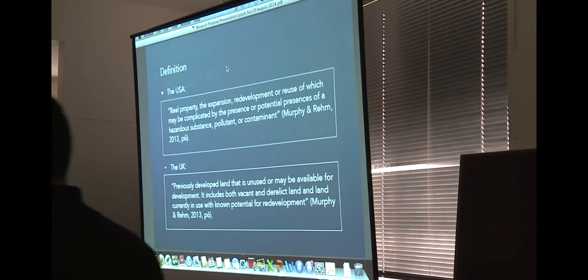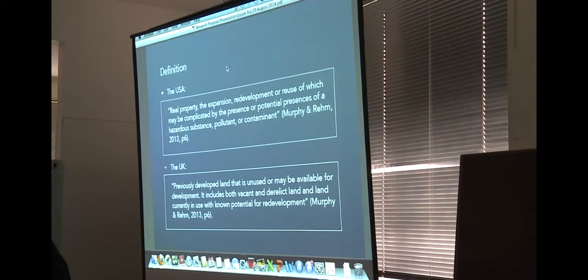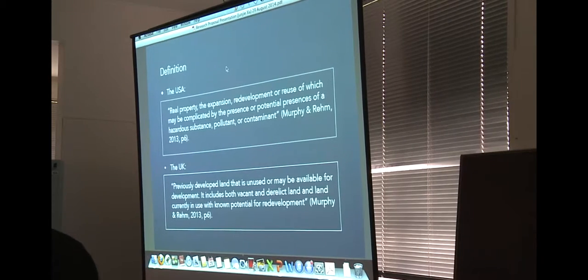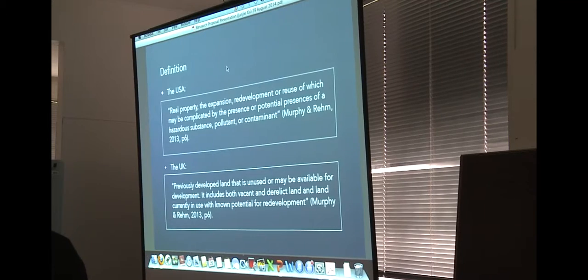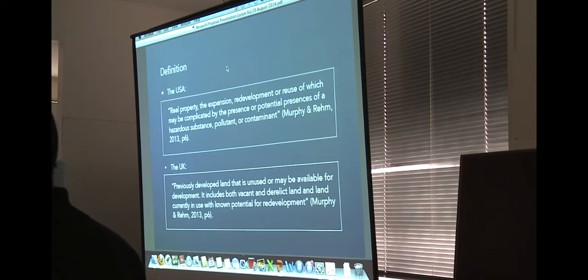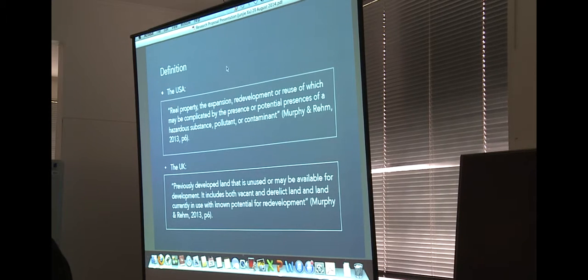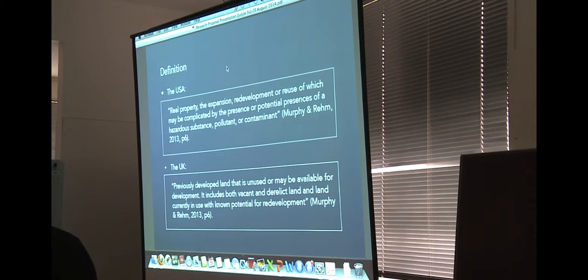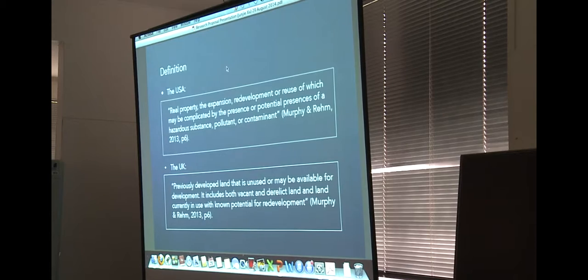Firstly, I want to explain the definition of a brownfield site. The American definition focuses on land that was contaminated by hazardous or toxic substances.